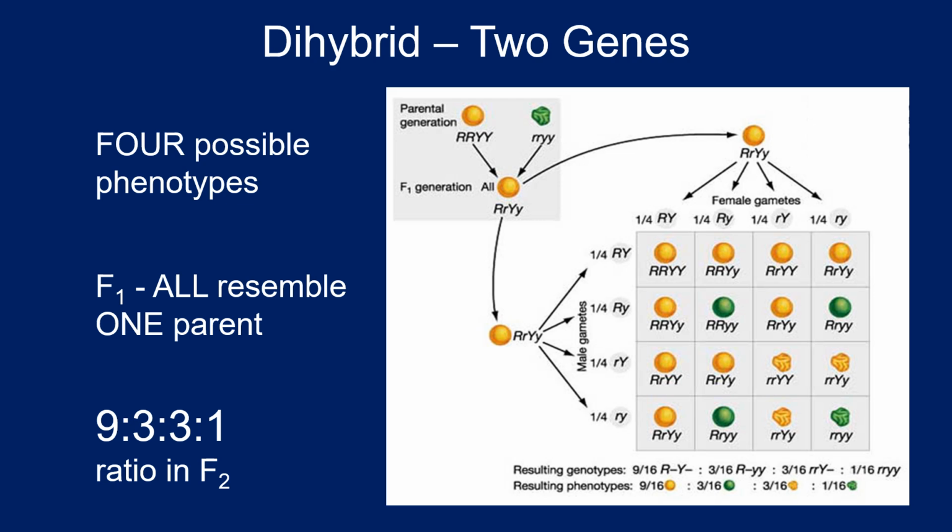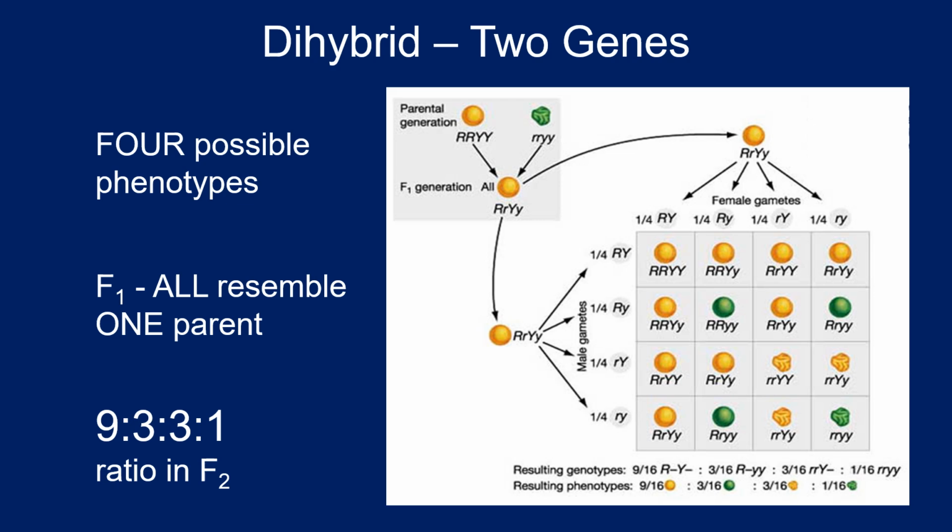And for this particular set of traits, if we are homozygous dominant for both of the genes, the R gene and the Y gene, then we're going to get a yellow, smooth or rounded pea. If we have an individual that's homozygous recessive for both of those genes, we're going to get peas that are green and wrinkled.